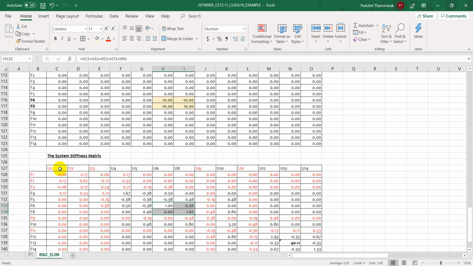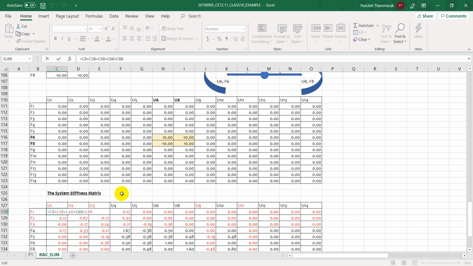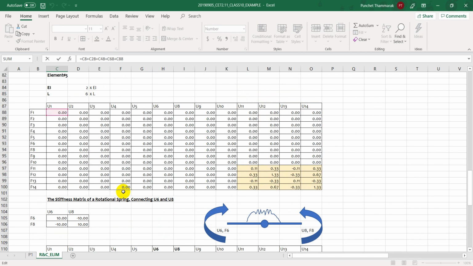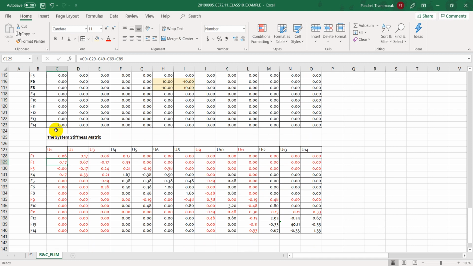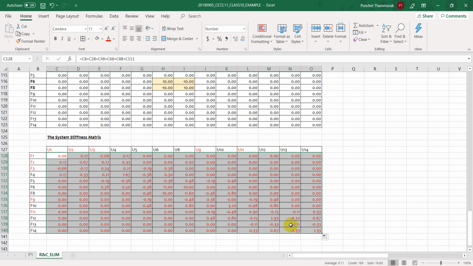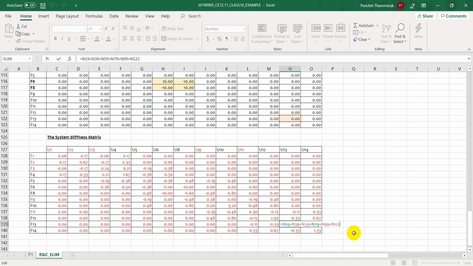Basically, if we do it this way, then we just include more frames in here. So we add up with this, and then we copy it. Now we need to come back to that 40 again. All right. Plus 40.